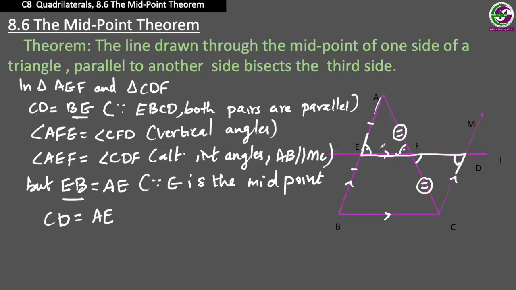So by AAS, triangle AEF is congruent to triangle CDF. Again, we have to keep E and F the last letters, so DF, CDF.